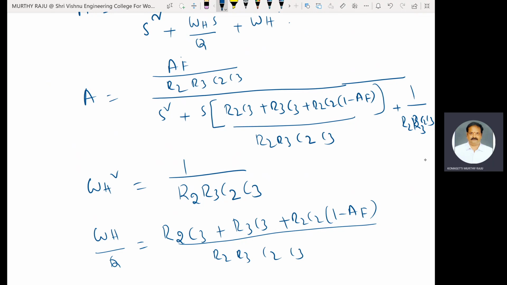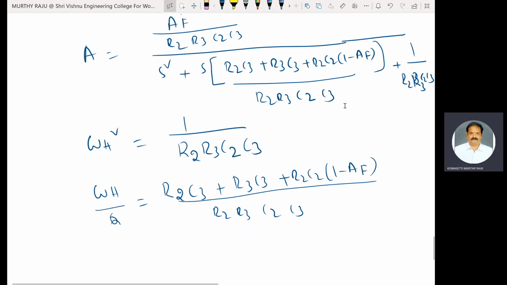Again omega H square is like that. 1 by Q is the passband parameter.